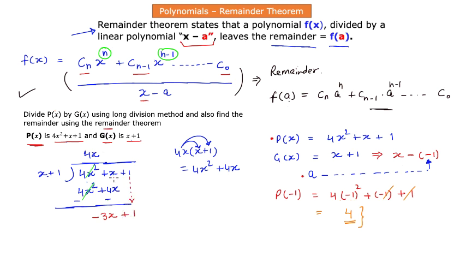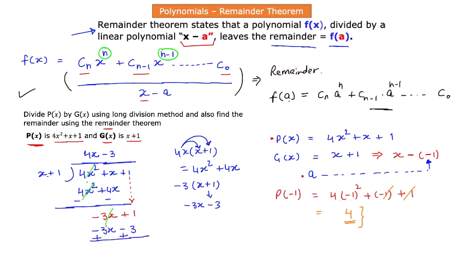Okay, in the second step, now you're trying to get rid of negative 3x. All you do is you simply multiply the x plus 1 by negative 3. You obtain negative 3x here, and then negative 3, because negative 3 times x plus 1 will give you negative 3x, negative 3. Once again, you are applying the distributive law, right? And then you solve this here, you subtract, this becomes plus, this becomes plus.